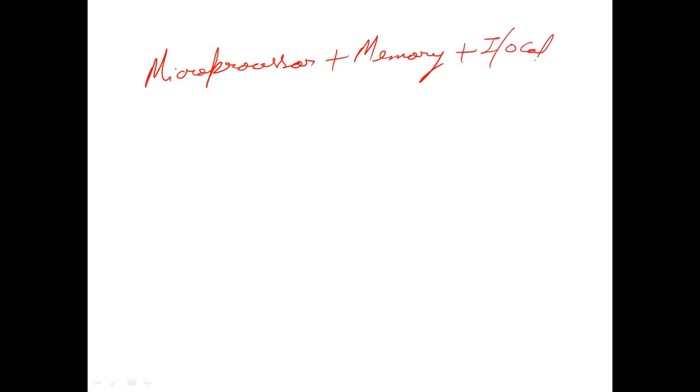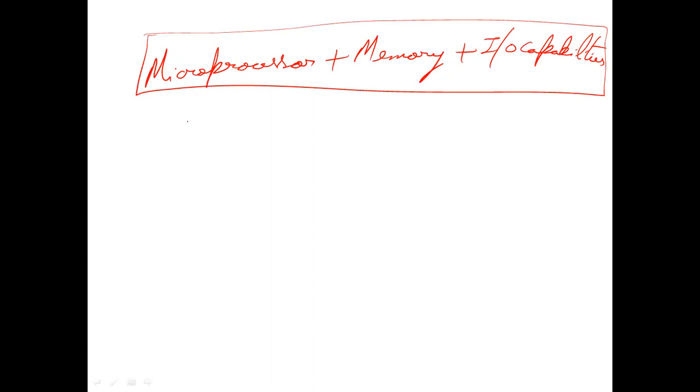When we have a microprocessor plus memory plus input output capabilities, so all of these things, when we get on one chip as a package, right, then it is called a microcontroller. So this becomes the microcontroller.